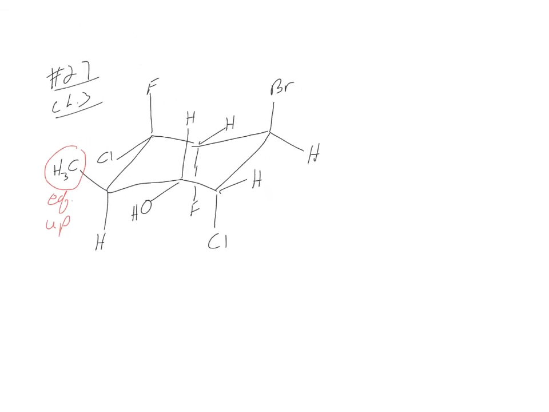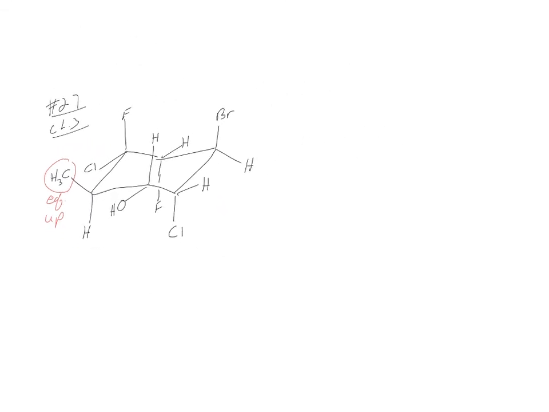So let's try a ring flip with this. I'm going to just shrink it down a little bit. All right, so the ring flip. If we're leaning to the right, kind of like we are here, then in the ring flip, we're going to lean to the left.